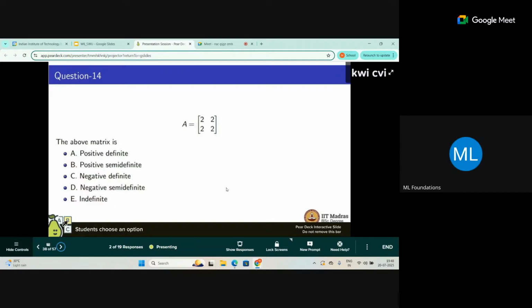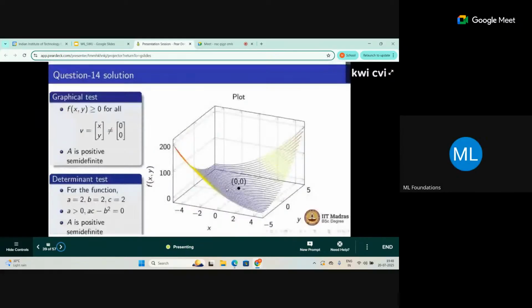Yes, one is 4 and one is 0, I think. Yes, that is correct. So A is greater than 0 and AC minus B square is equal to 0. That's why it is called a positive semi-definite matrix.